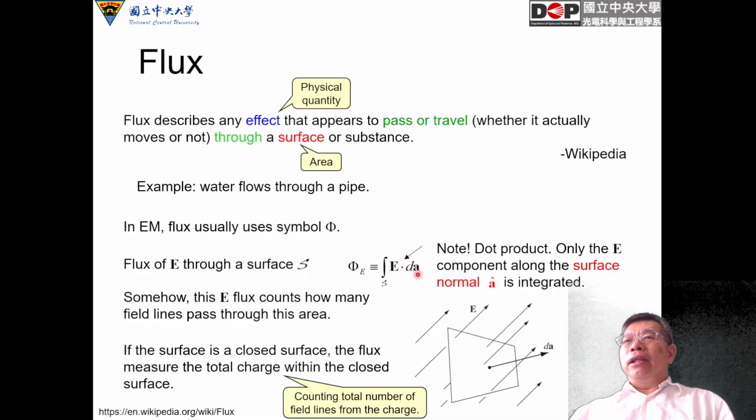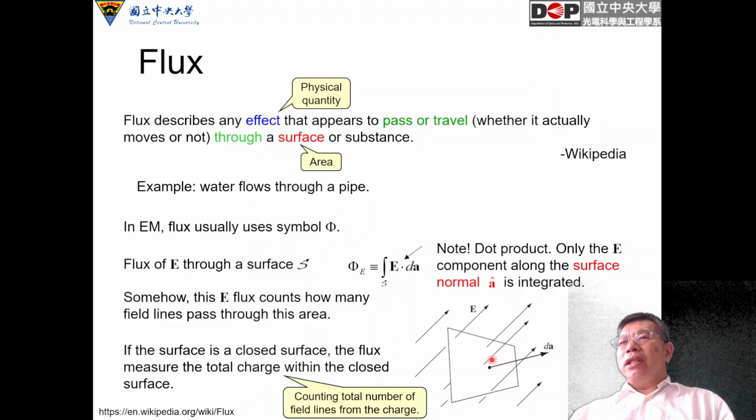Now, we write down the flux of the electric field as the electric field flowing through an area S. We only consider the normal direction, since we just consider going through it. If we go through at an angle, we just don't consider it. So the surface normal vector direction and the physical quantity here, the electric field, are both vectors.